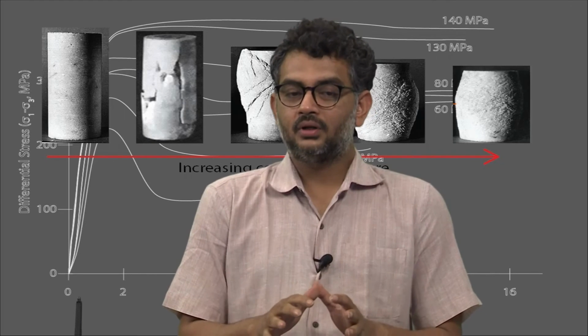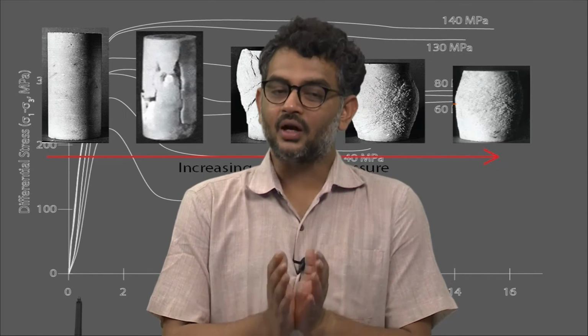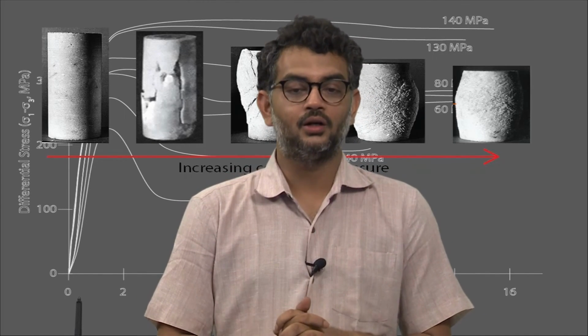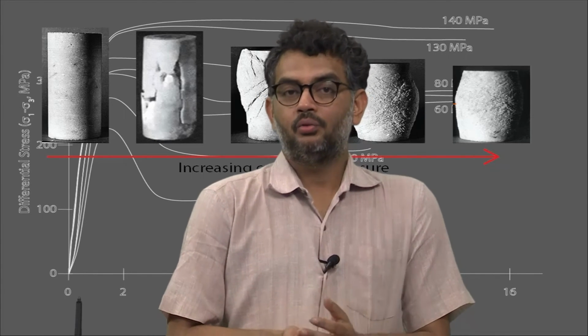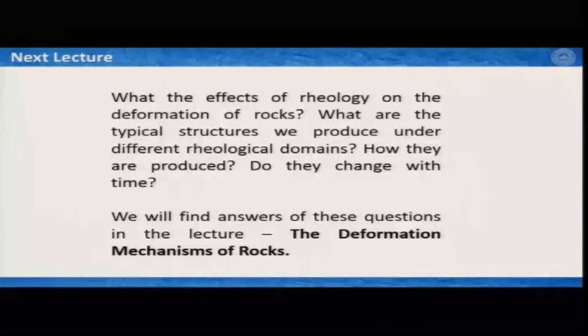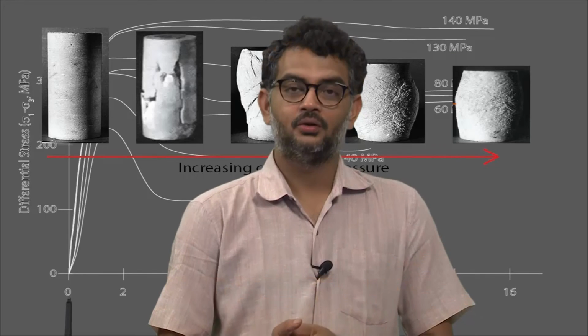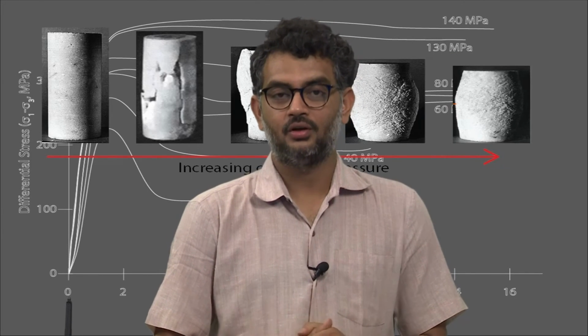So, how does it happen? What are the typical structures we produce under different rheological domains, how are they produced, and most importantly, once produced, do they stay as they are or do they change with time? We will answer all these questions in the next lecture on the deformation mechanisms of rocks. Thank you very much.